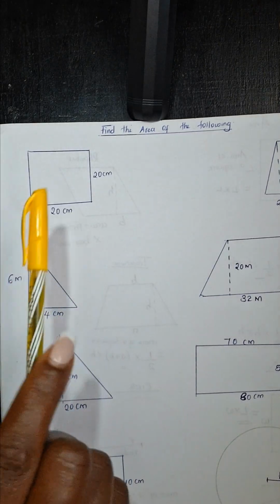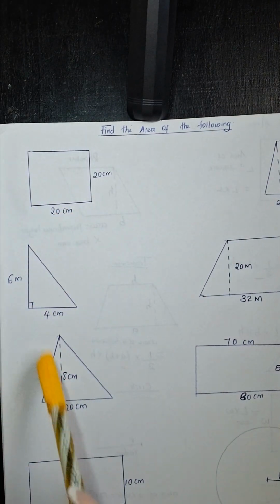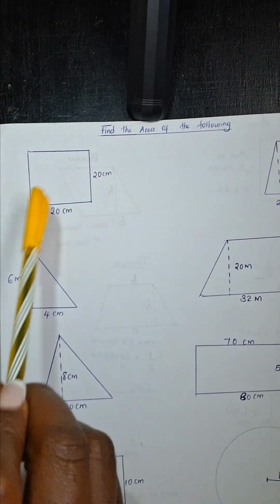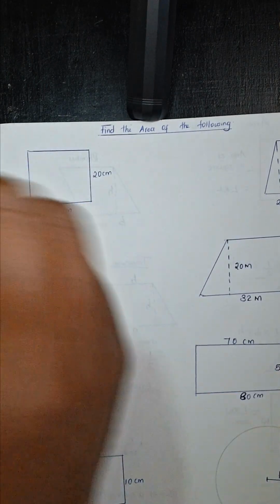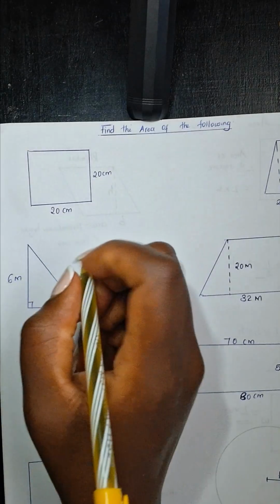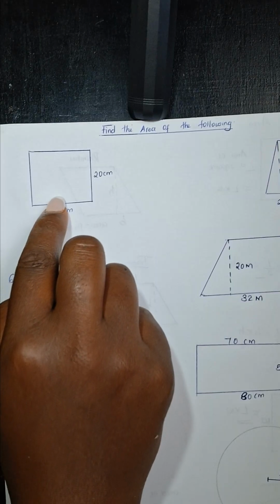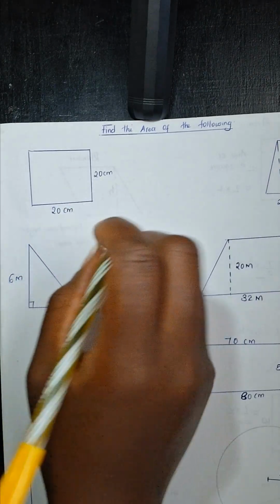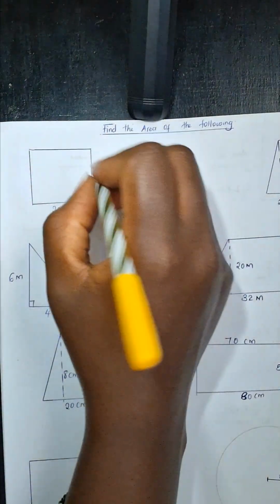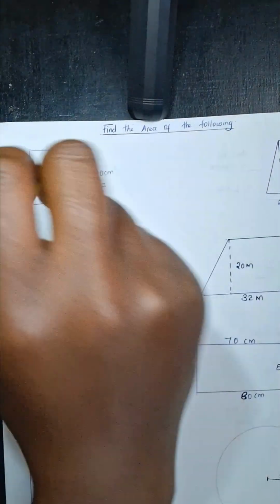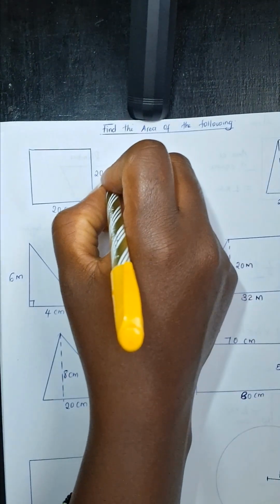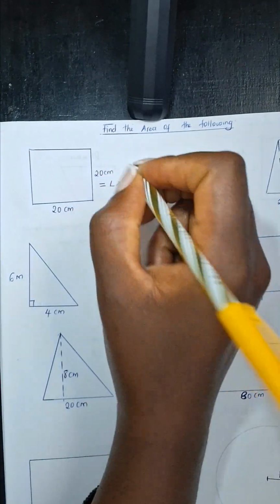I want us to calculate the area of the following figures. So here I have a square. Remember, it is always advisable that you show your mathematics teacher, "I know the formula of this figure." So you're supposed to say that for the square, you get the area by multiplying length times length, okay?